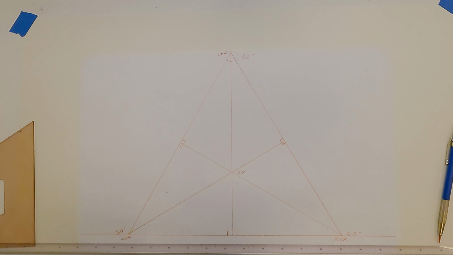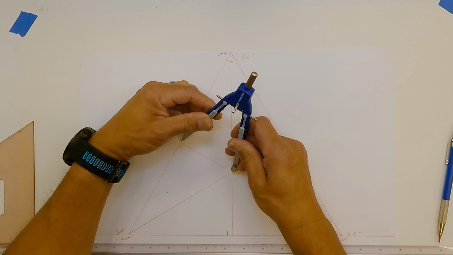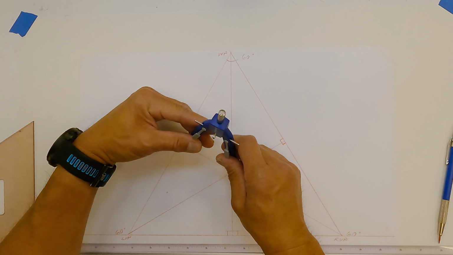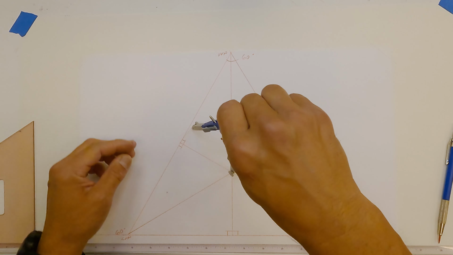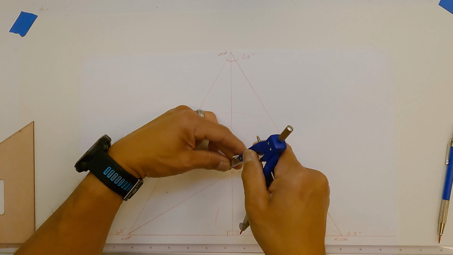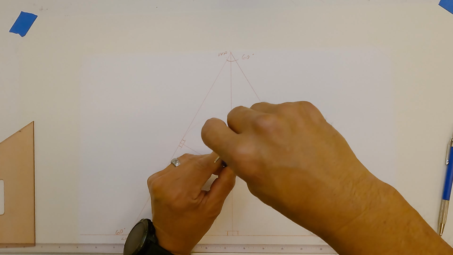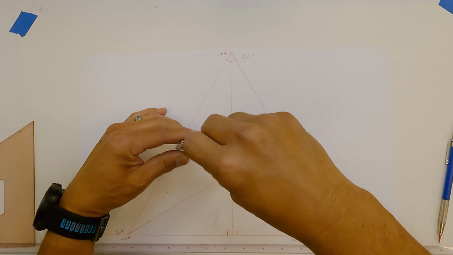Let me flip this around. Now this is obviously a smaller version than what we're going to draw today. Oh, it moved on me. Let's do this again.